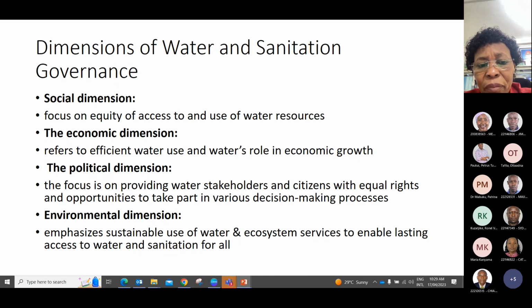In some countries, like Japan, where I did my PhD, they used to have a flat rate. For instance, if you use, as an example, 200 cubic meters of water, there is a flat rate for that.